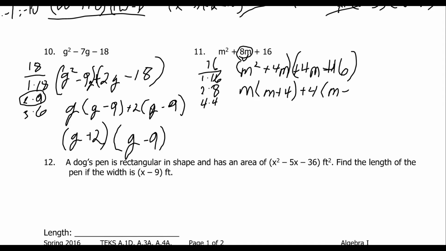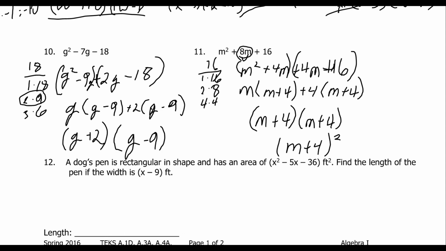And that's going to give us m plus 4. So that's going to be m plus 4 times m plus 4, which could also be written as m plus 4 squared. And there it is. That one's done.